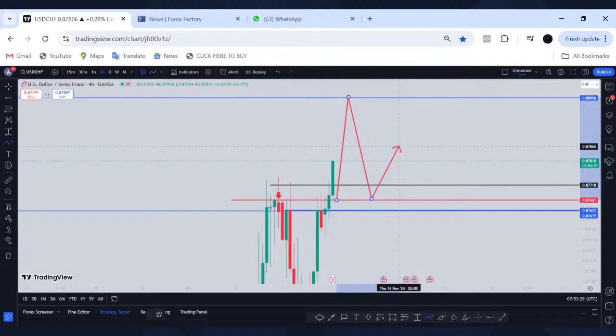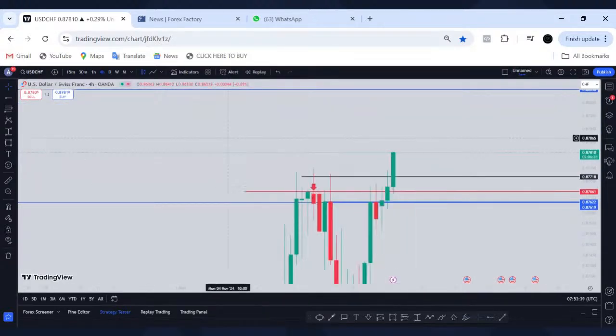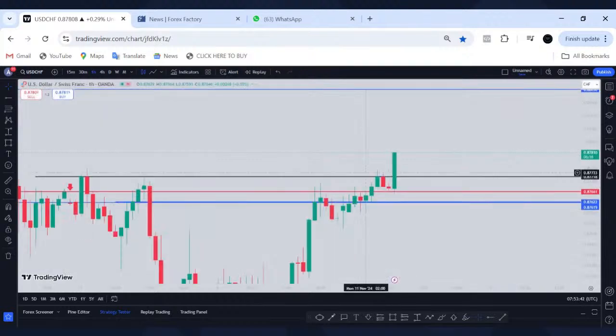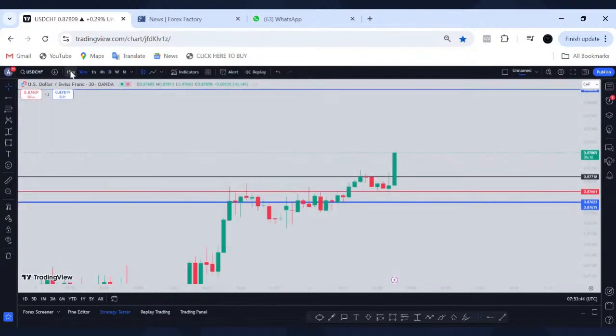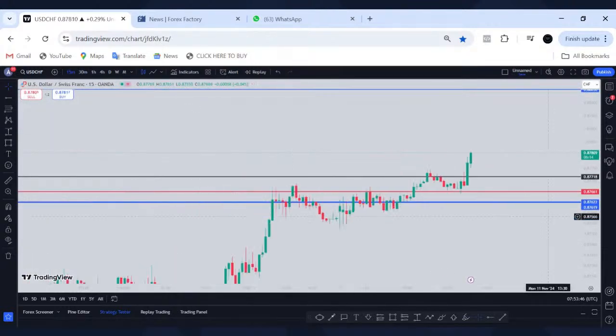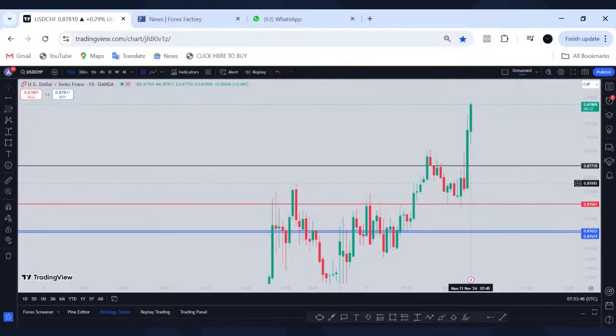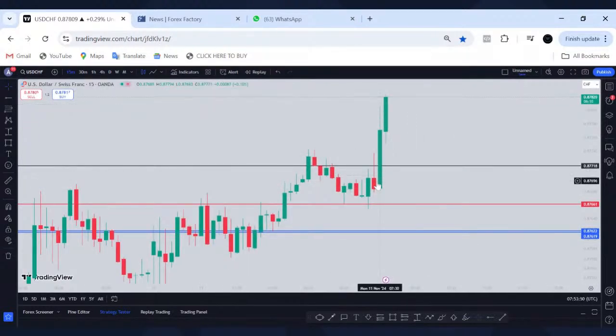Like what I was saying, because price has already taken off, we can't take the buy now. We were looking for a buy, but there was no opportunity for a buy.